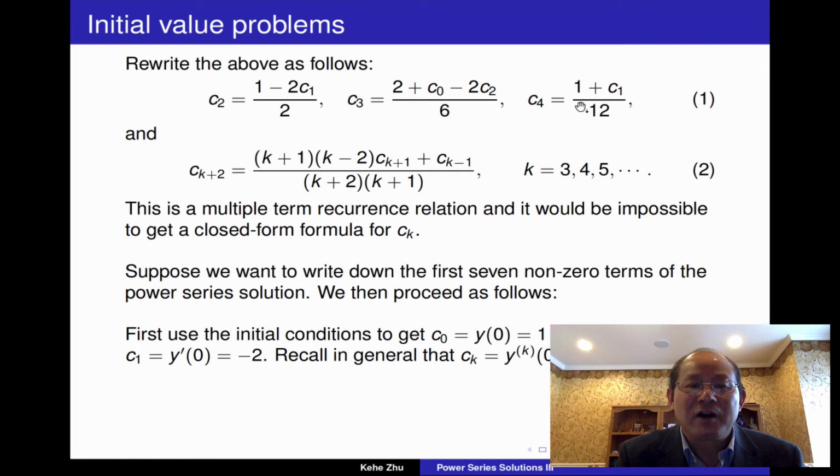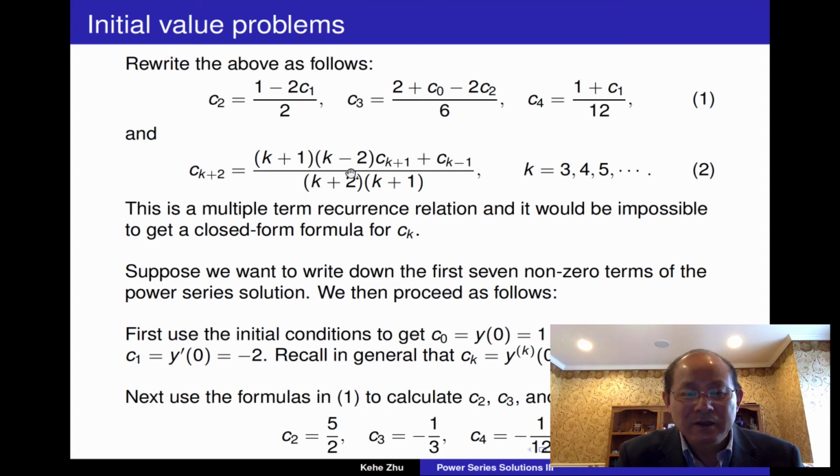So now I've got c0, c1, c2, c3, c4. And for c5 and c6, I'm going to use this main recurrence relation. Once again, the details are over here. Using the first formula for c2, I got c2 equal to 5 over 2. Then using the second formula, I get a value for c3, and using the formula over here, I get a value for c4.